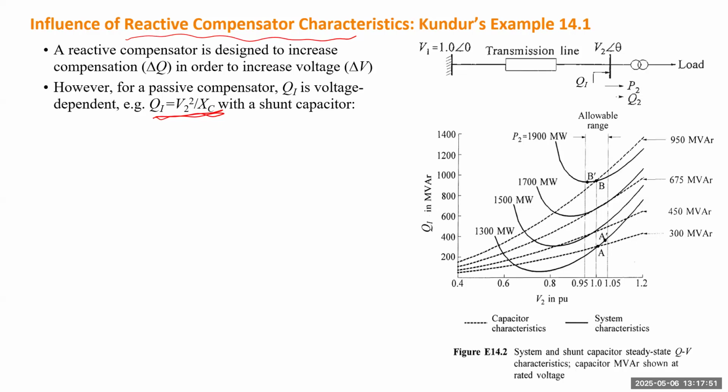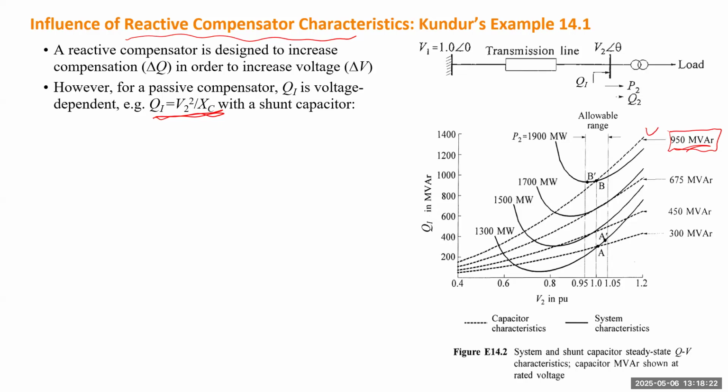Those curves are still VQ curves, but we also draw some other broken lines. Each one indicates the characteristic of this compensator as a quadratic function of voltage. For instance, for the top curve, that says 950 megavar.